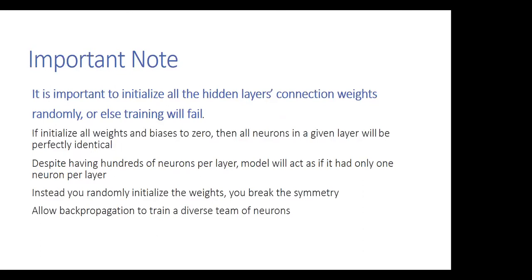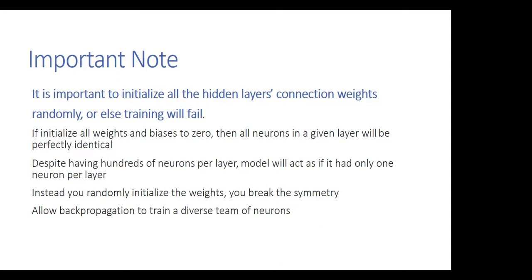An important note here is to initialize all the hidden layers' connection weights randomly, because otherwise the training will fail. Because if, for example, we initialize all the weights and biases to zero, all the neurons in a given layer will be perfectly identical.